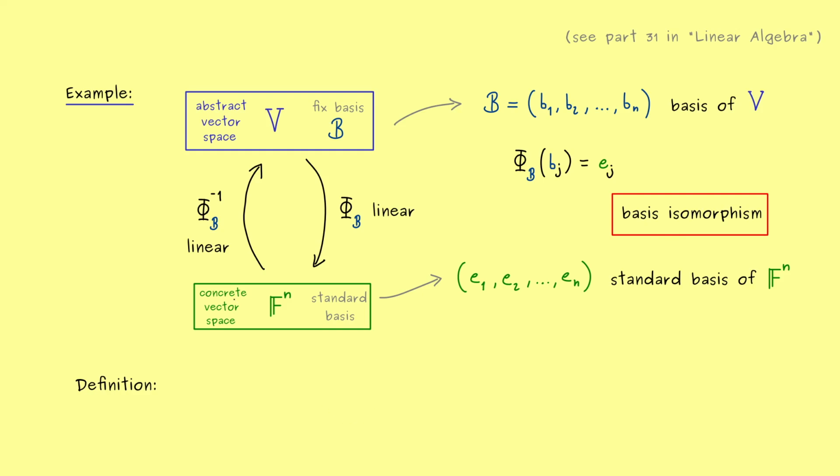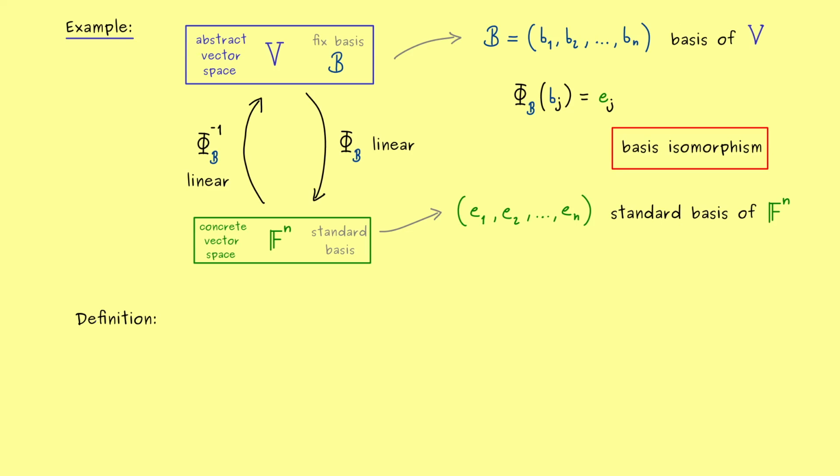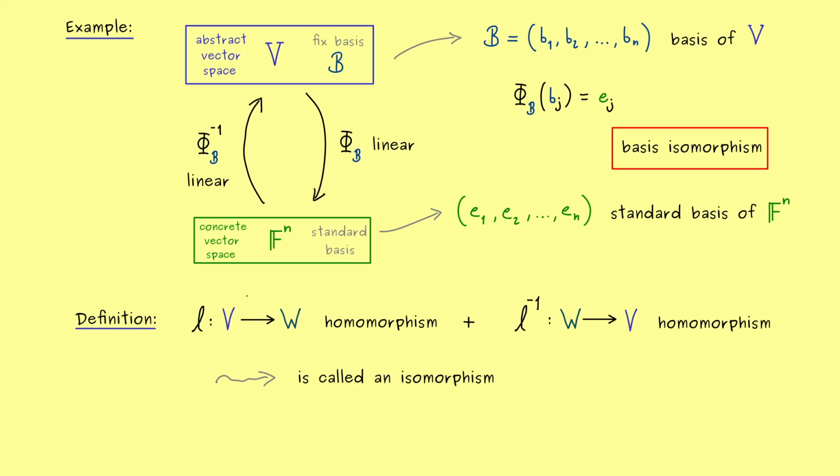However, now we can also write down the general concept of an isomorphism. So the only thing we need here is a homomorphism, which also acts as a homomorphism if we can invert it. So first, the inverse has to exist, and it also has to preserve the structure. So you see, an isomorphism is just a homomorphism where we can go in both directions.